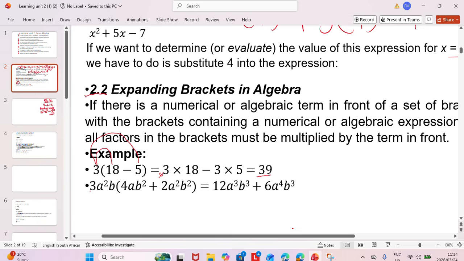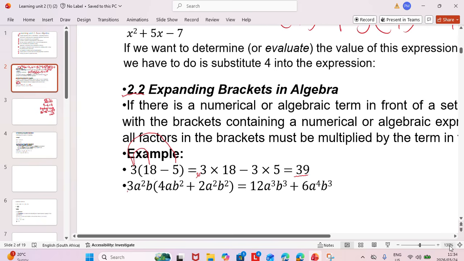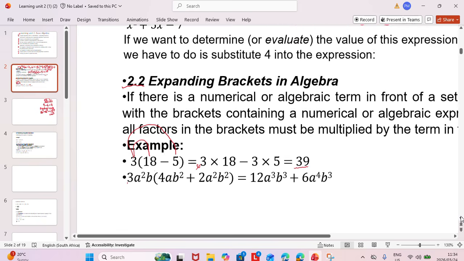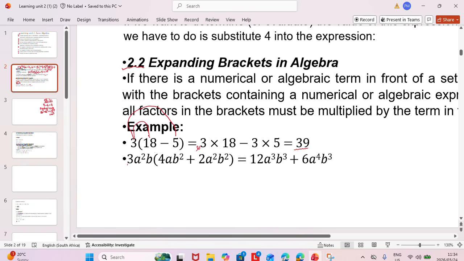Let me try to maximize here so that you can clearly see everything. So 3a to the power of 2, b to the power of 1, invisible 1, open bracket, 4a to the power of 1, b to the power of 2 plus 2a to the power of 2, b to the power of 2, close bracket.